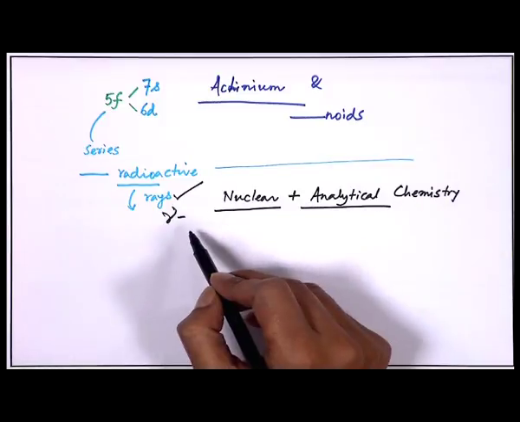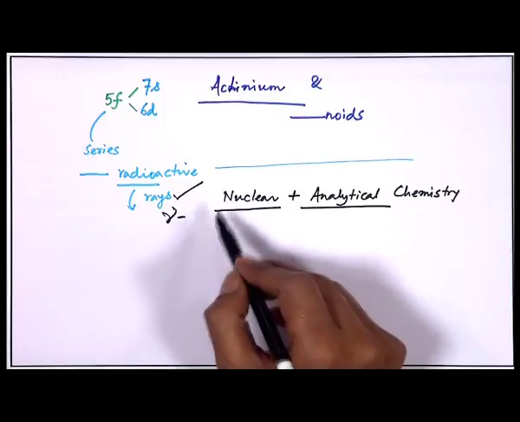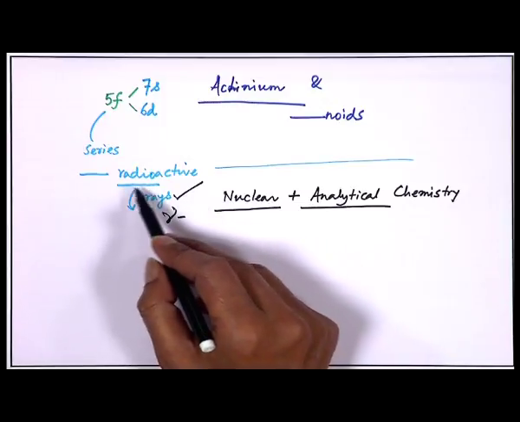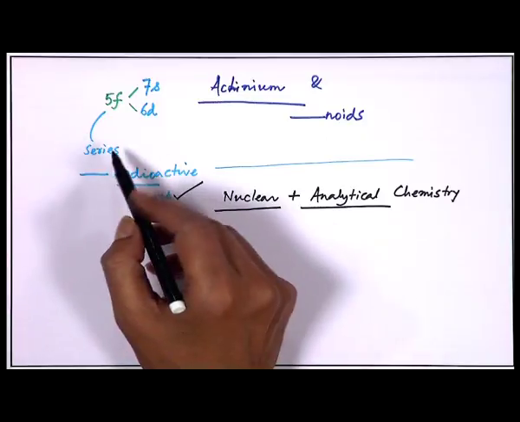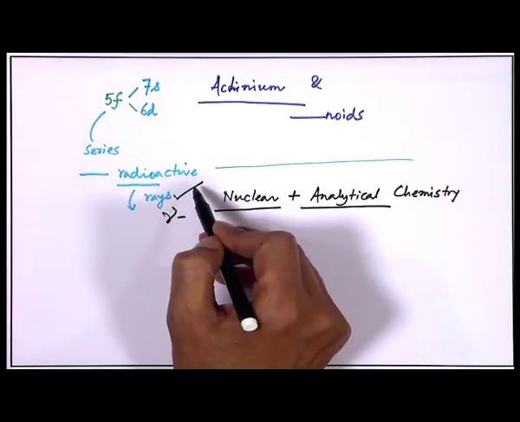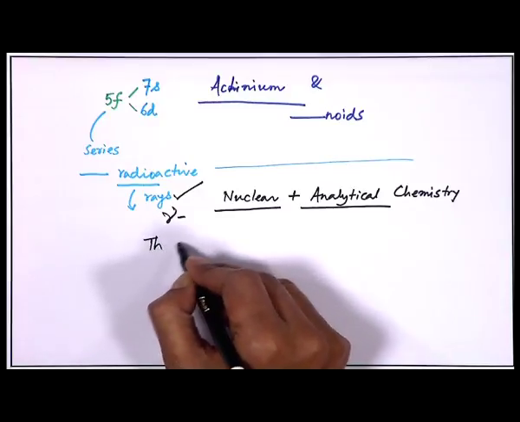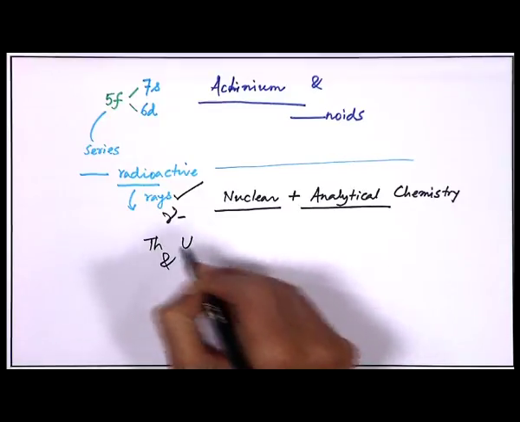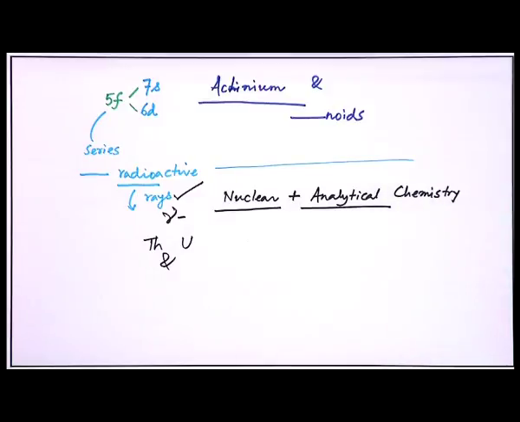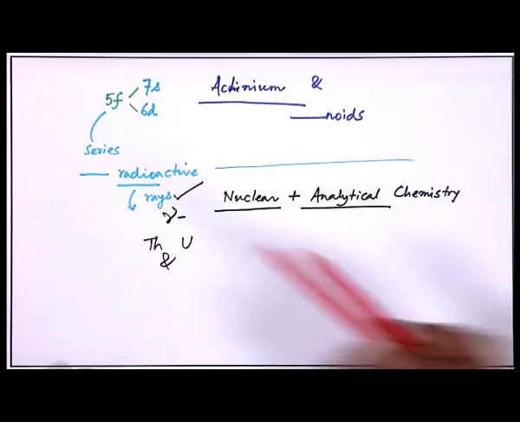So, these rays are also useful for the corresponding transformations, and since these are radioactive, most of this whole series is radioactive, only some of them, like thorium and uranium, are not.